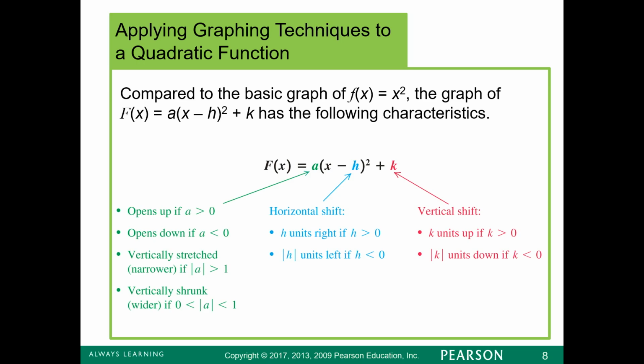And then the other thing is this h. If h is positive, you move the parabola h units to the right. Remember that, like last time we talked about that.